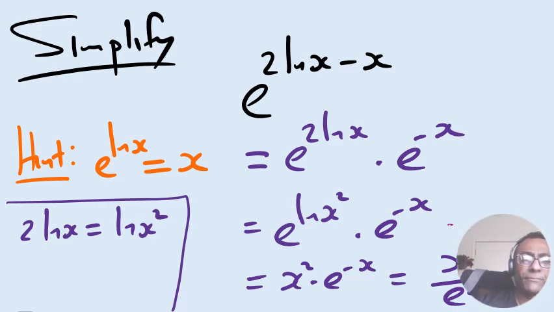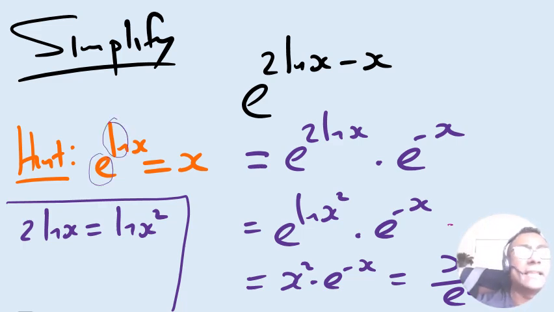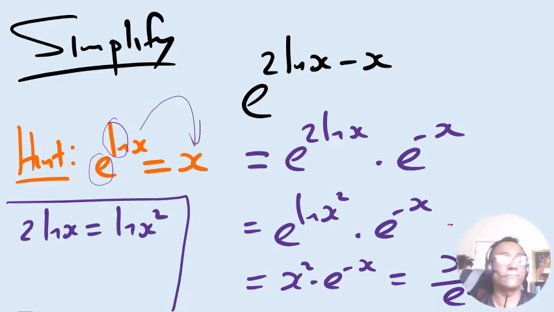Well, crudely speaking, when e meets ln, they seem to, I'm not going to use the word cancel, let's think of it as just dissolving because they're inverses of each other. And what's left over is just the x that you see there. That is not mathematical talk, but it's something for you to remember. So when e directly meets ln, boom, and you have x.